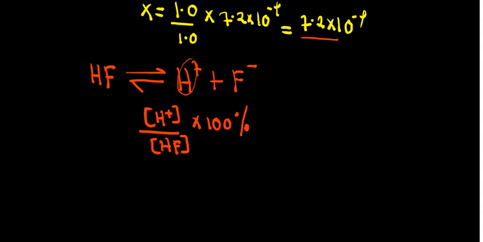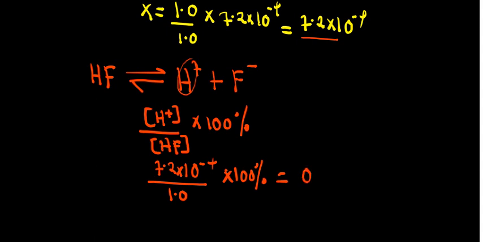It was 7.2 times 10 to the power negative 4, divided by the HF, which is just 1.0. You multiply that by 100. And when you multiply by 100, what you're simply going to have there is 0.072% as the percent dissociation of the hydrogen ions in the hydrogen fluoride. So simply this is how you get to work the question out.